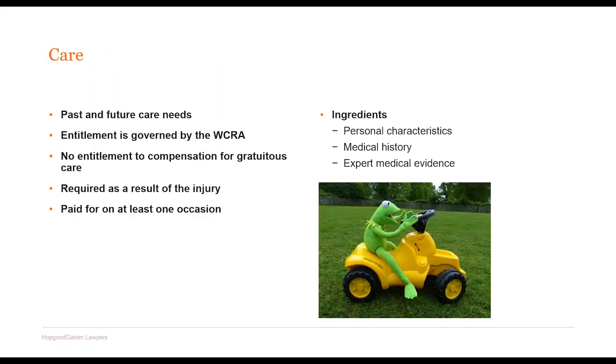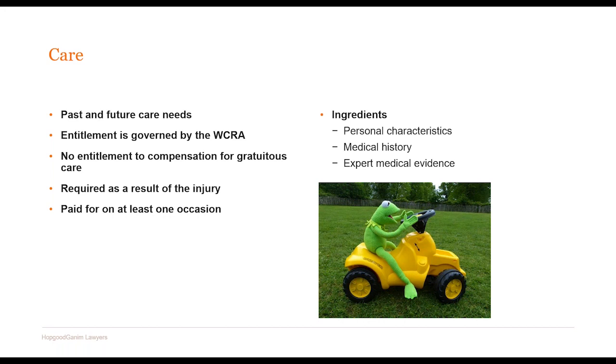So the final head of damage that we'll talk about today is care. Now, this includes past and future care needs, and it can include services like mowing and cleaning, as well as your more standard nursing care type arrangements. The entitlement to claim care expenses is governed by the legislation.